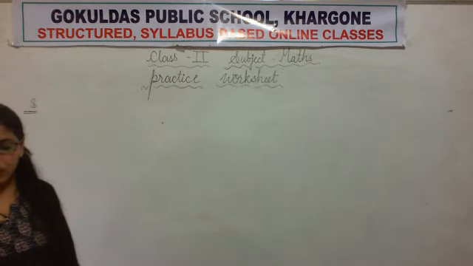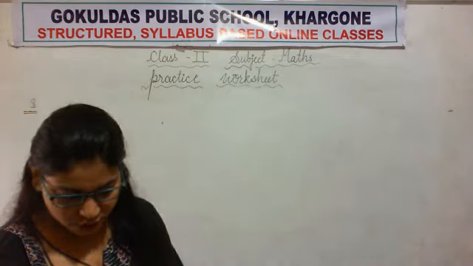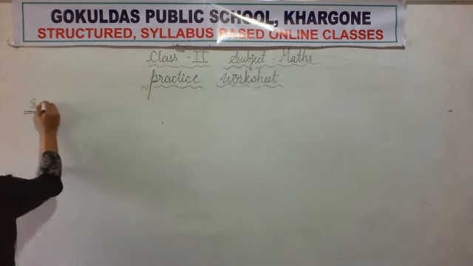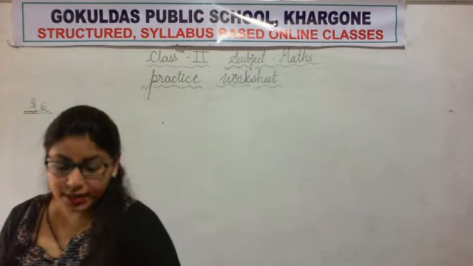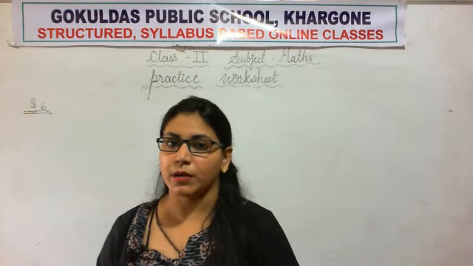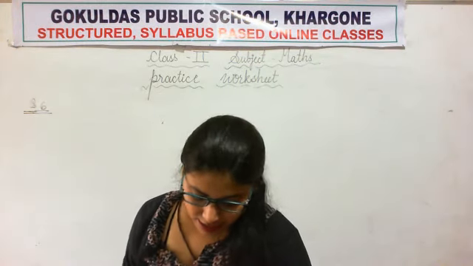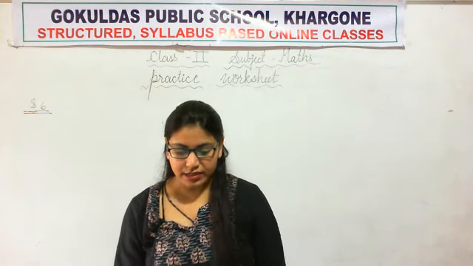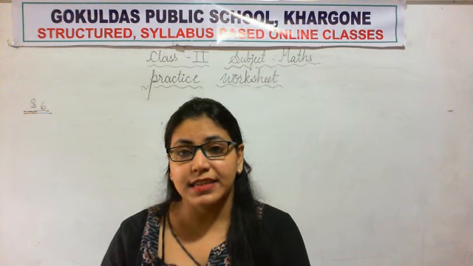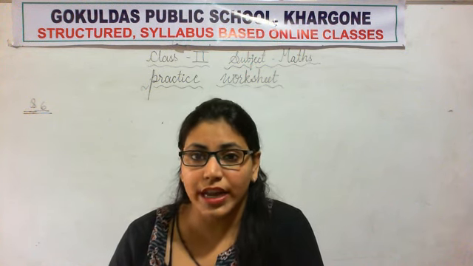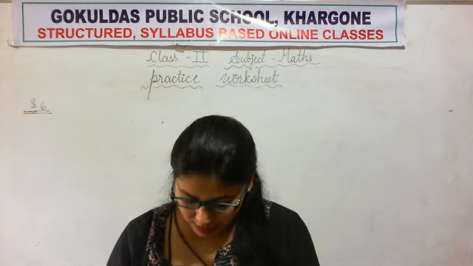Now today's last question, question number 6, is a word problem. In a village, farmer Shyam had 57 mango trees. They are giving us a scenario, a story of farmers.